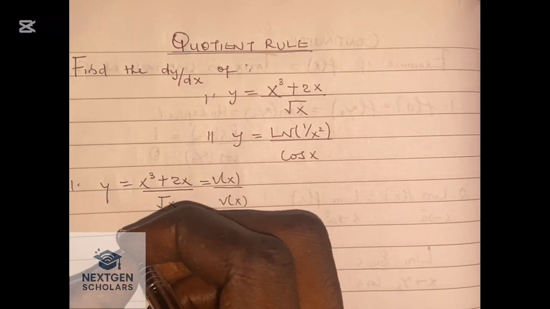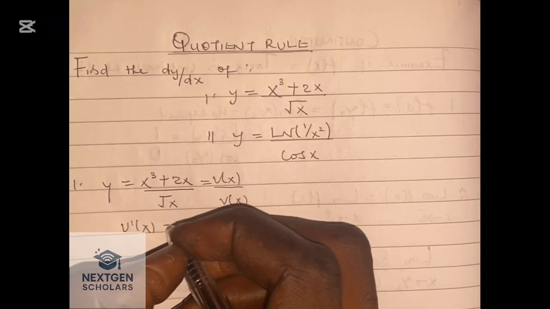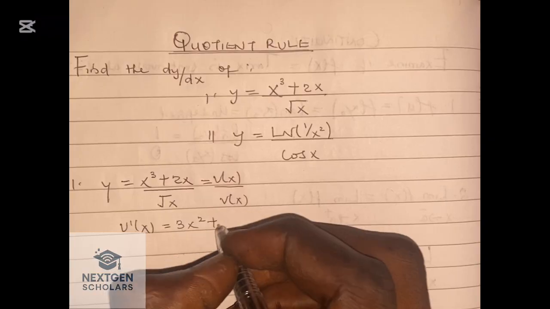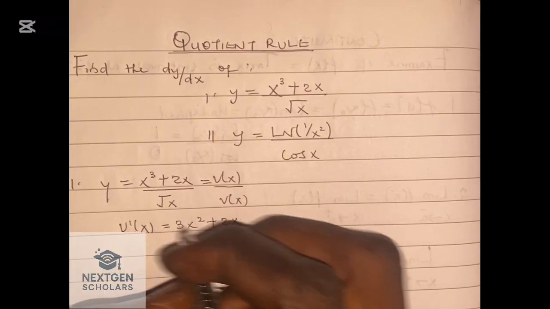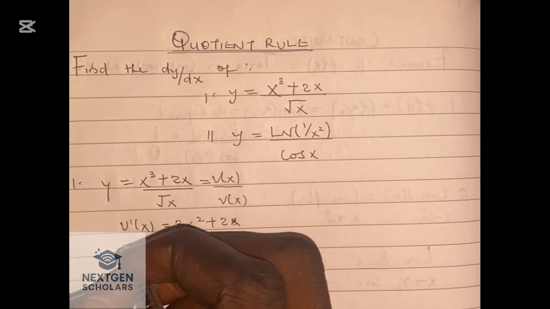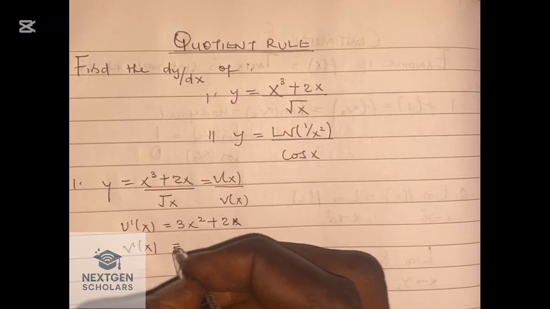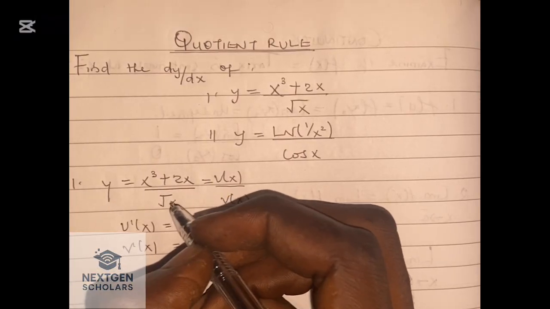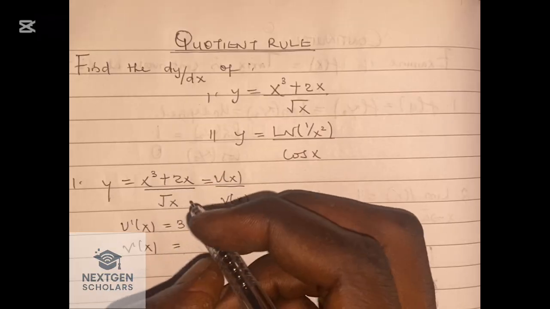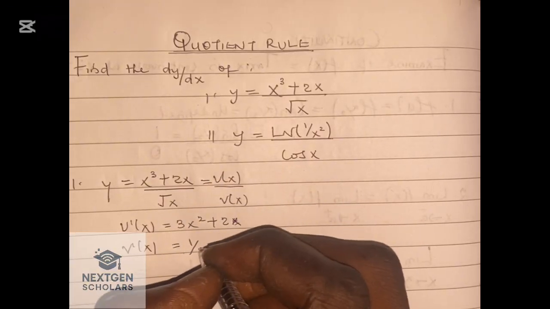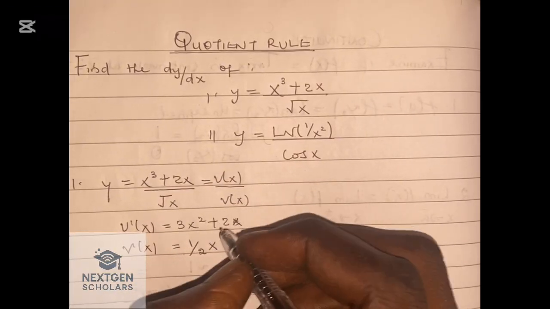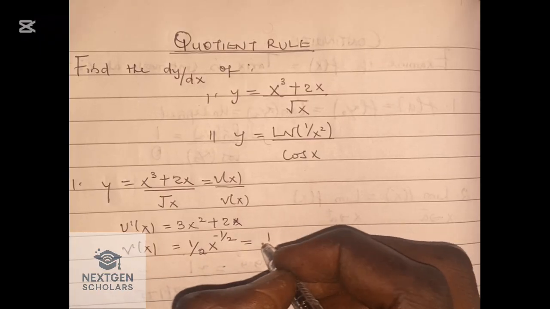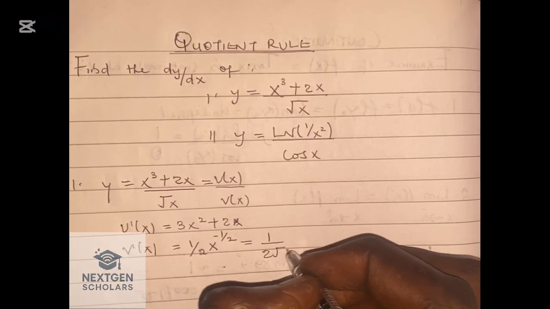What is u prime of x now? u prime of x here is 3x squared plus 2, and v prime of x: you know that the root of x can be written as x to the power of half, and x to the power of half differentiates to half times x to the power of half minus 1, which is negative half, and this becomes 1 over 2 root of x.